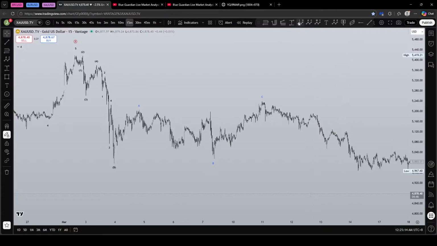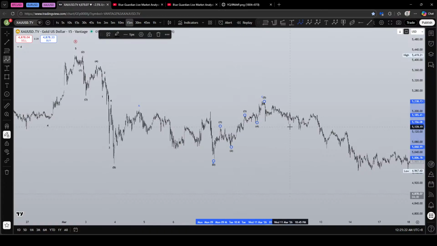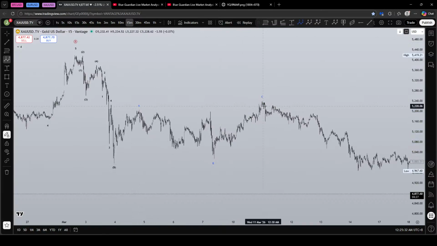The internal waves of the wave C here is obvious. We have 1, 2, 3, then 4, and then 5. So that means the internal waves of the zigzag A, B, C here were all satisfied.